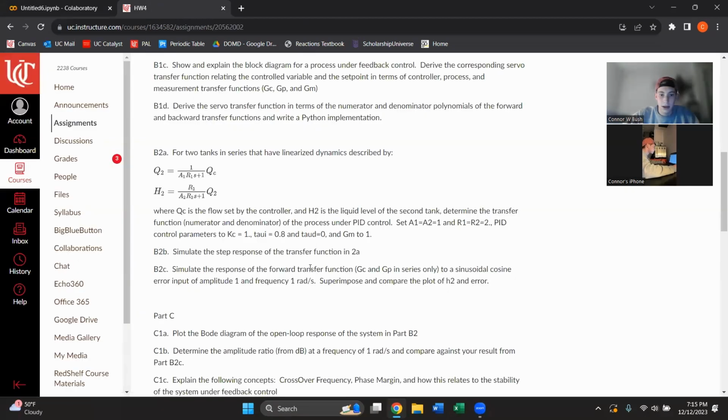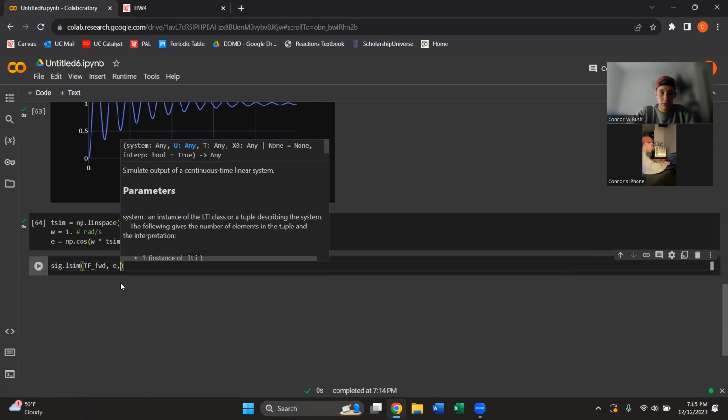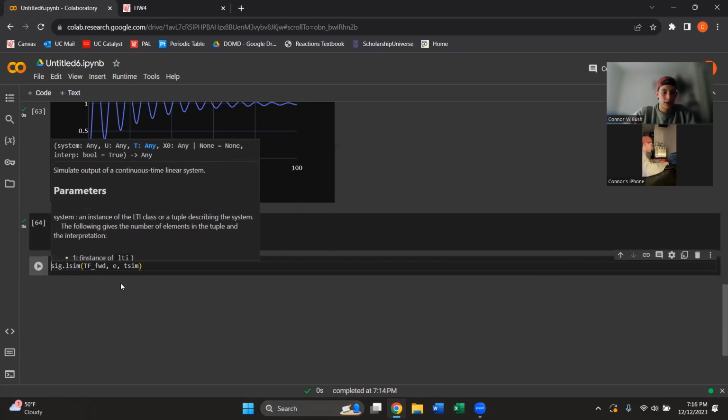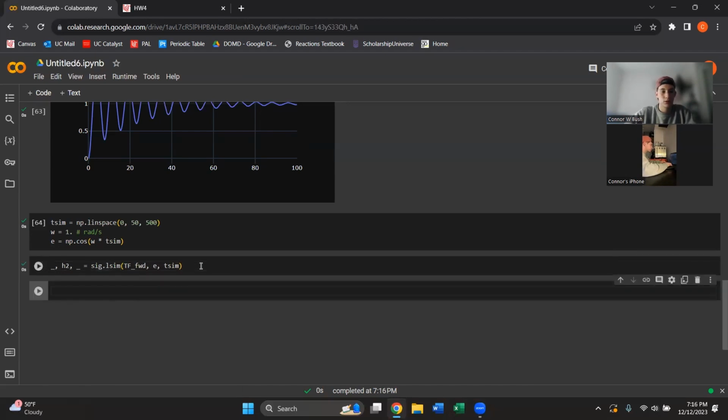Since it said that we want to look only at the forward transfer function, so GC and GP only, so no GM, our system will be that forward transfer function. Our input is going to be E, and then our time will be our new tsim, and our first variable we're not concerned about, so we can use an underscore. H2 is that Y out, and then that X out we're not concerned with either, so we can save that as that, and then we can make a second plot.